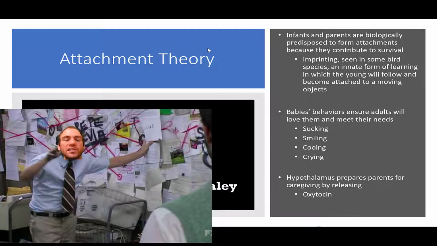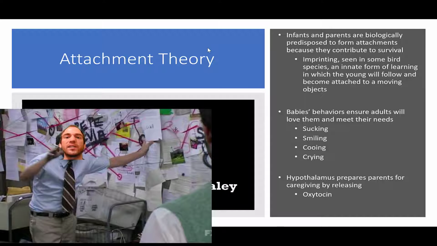So imprinting is a different species form of attachment, but that's really an automatic process. That is an innate form of learning, like the classic thing of a duck looking at an individual for the first time and then just following that person around until they're of adult duck age.